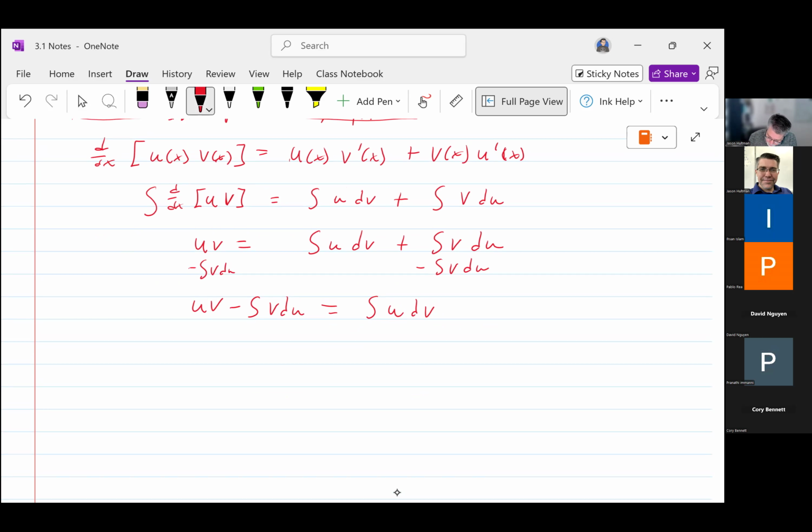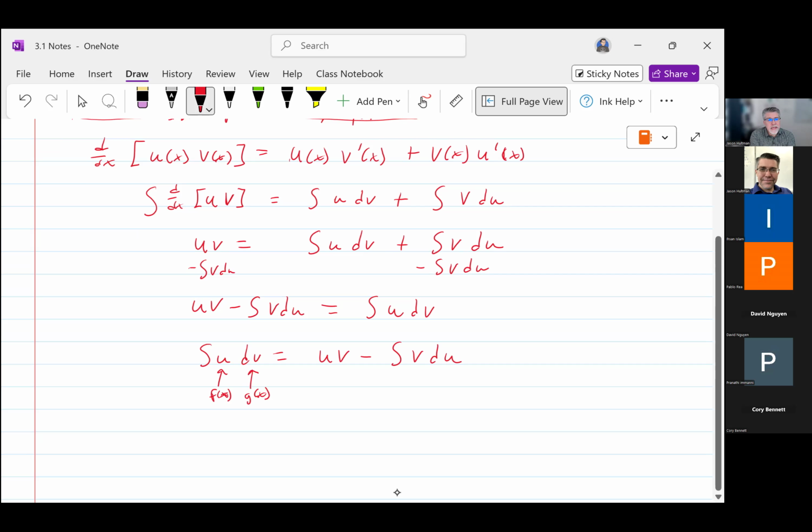And so how does this help us? You know, it looks like things got a little bit more complicated. They actually got a little bit easier to integrate. Let me explain. So if I take u dv and I say, well, that's uv minus the integral of v du, then say that u is f of x and dv is g of x.